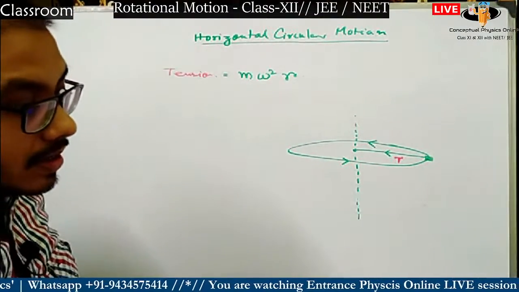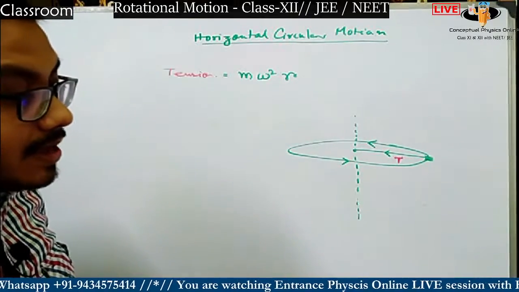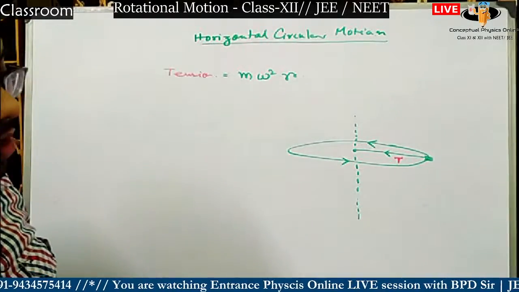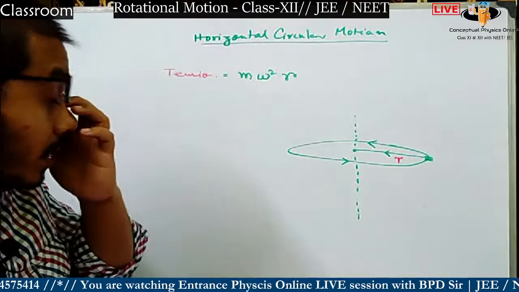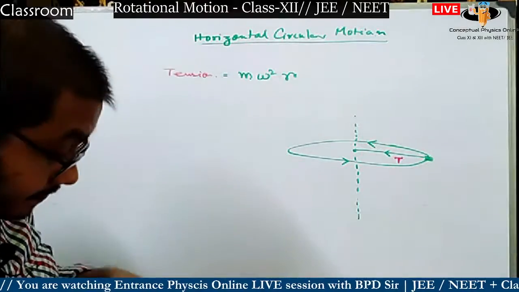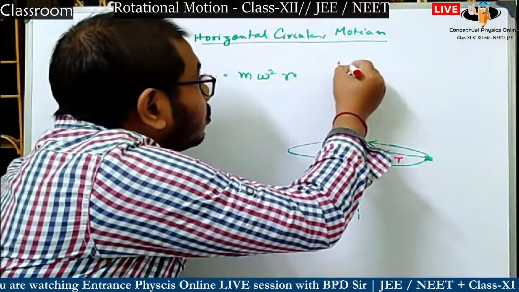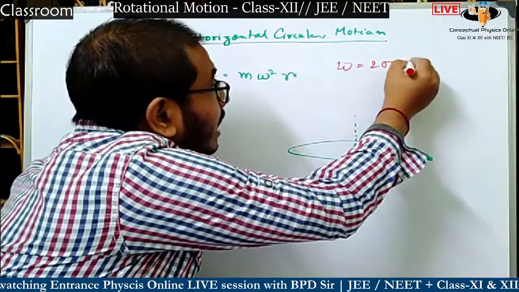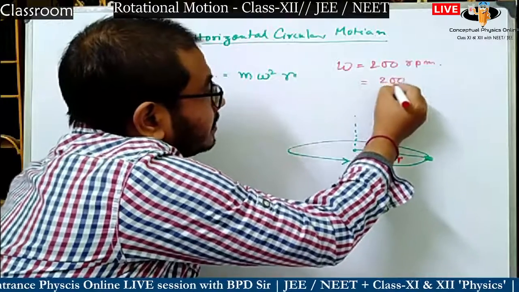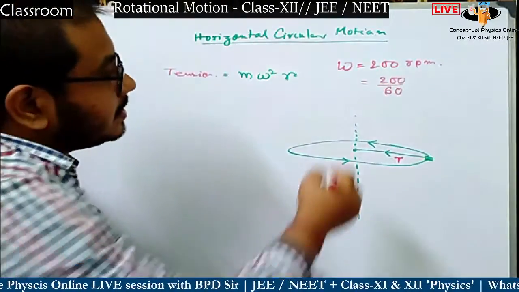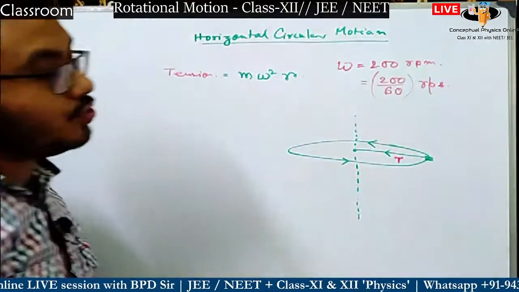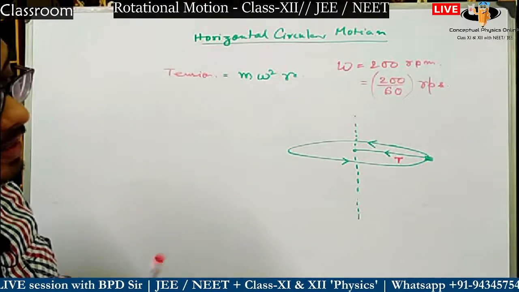Omega is given as 200 revolutions per minute, RPM, but we have to convert it into RPS, revolutions per second, by dividing by 60.